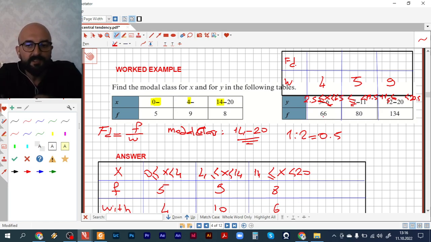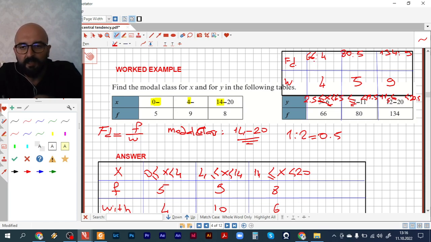And frequency density means frequency divided by width. So 66 divided by 4, 8 divided by 5, and 134 divided by 9.